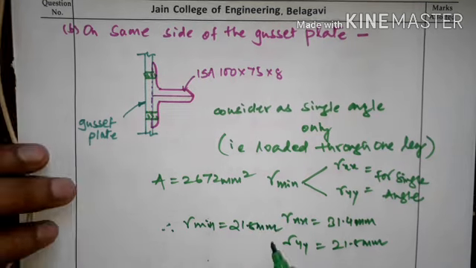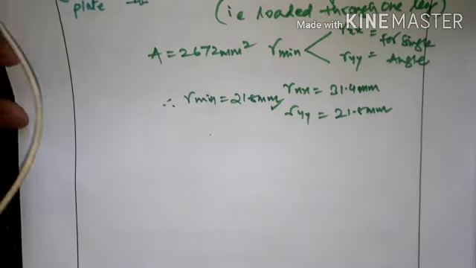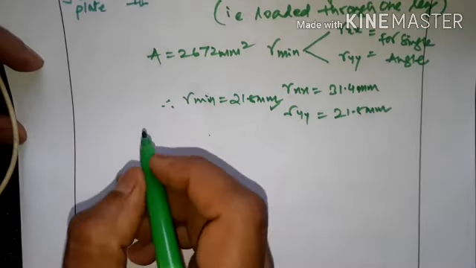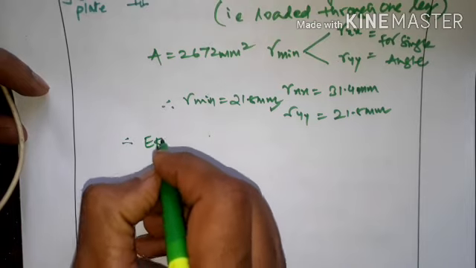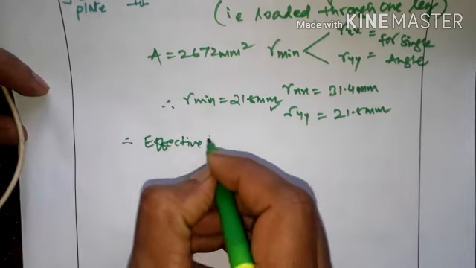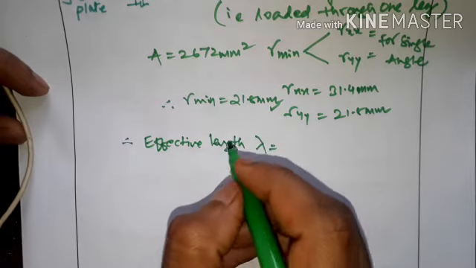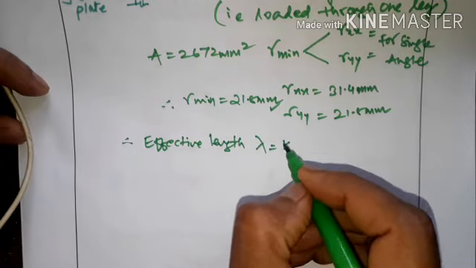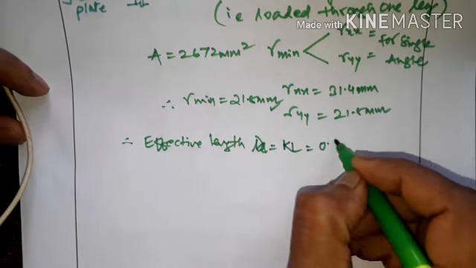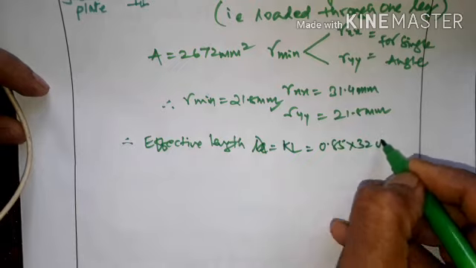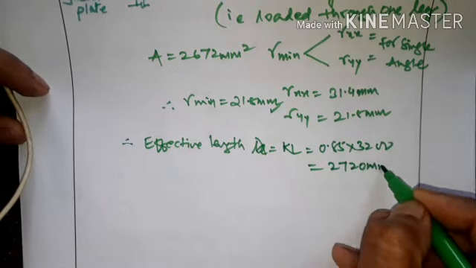So the effective length LE is equal to K into L, that is 0.85 times 3200, so we get 2720 mm.